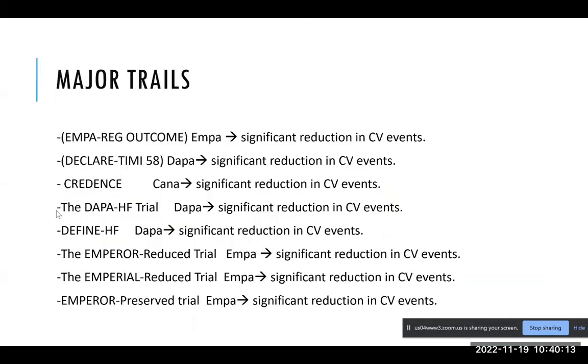So major trials of SGLT2 inhibitors are so many. I mentioned some of these. Many trials were not mentioned, but generally, all of these showed significant reduction in cardiovascular events. And they just started in 2015, the first trial in the outcome.